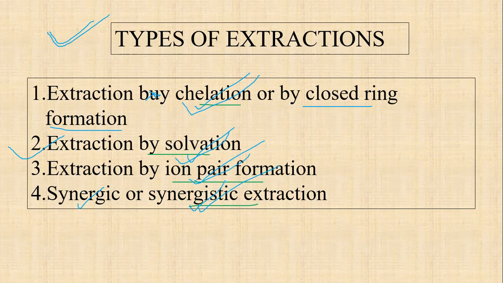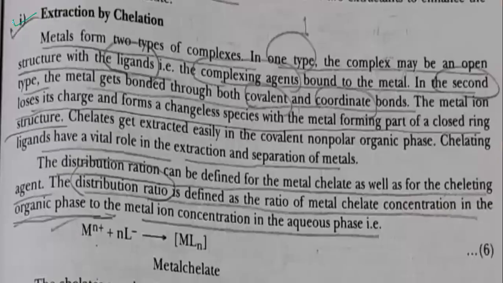Out of which we are focusing first on chelation. What is chelation? Here, a metal ion reacts with the ligand ion. The metal ion carries a positive charge, the ligand ion carries a negative charge, so they react with each other. They form a complex that is called a metal chelate.